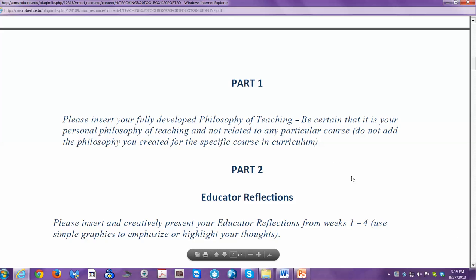But that's where your teaching philosophy would go. Be sure it is not a teaching philosophy specific to a course, but it is your general teaching philosophy. As you apply for teaching positions in academia, they will ask you about your teaching philosophy and will usually want to actually see it in writing.